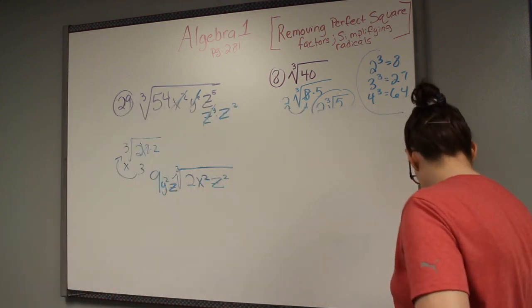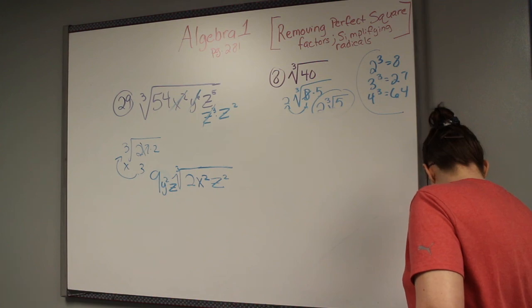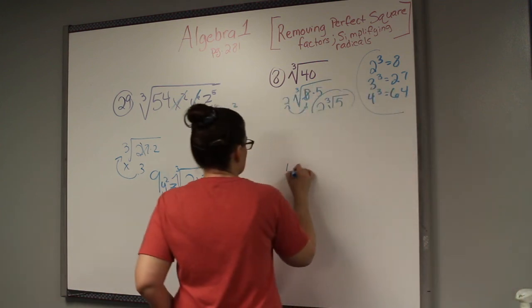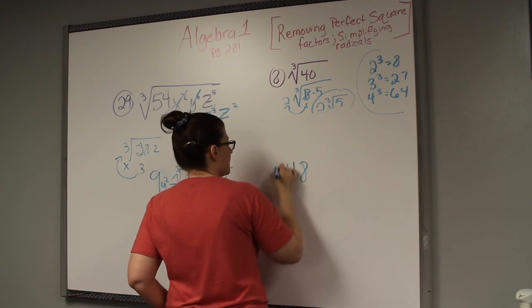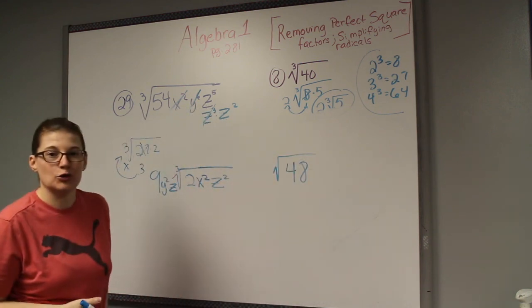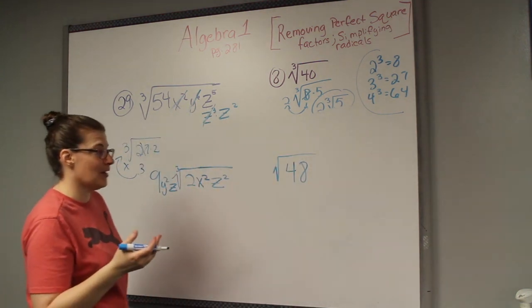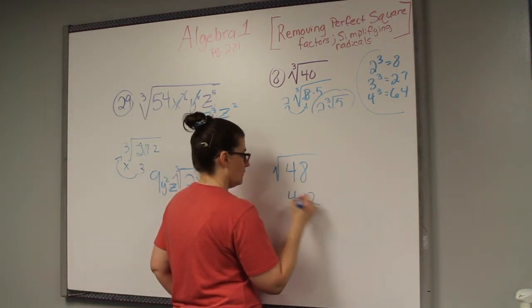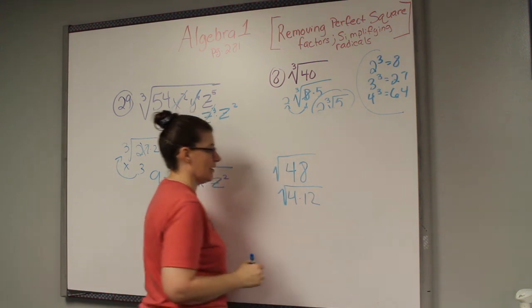Let's see, I don't know if this one works, but say I have the square root of 48, and there's no perfect square root of 48, but I know 4 is going to go in there. 4 times 12 is 48, okay?